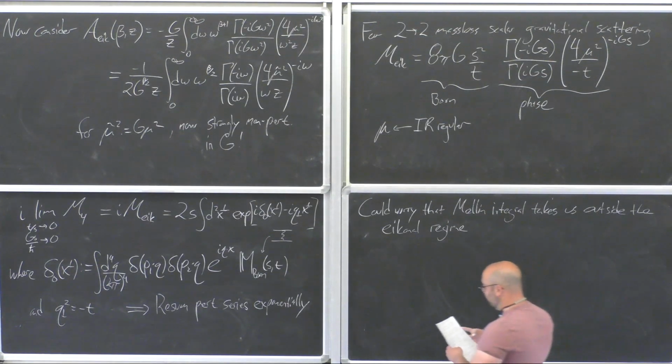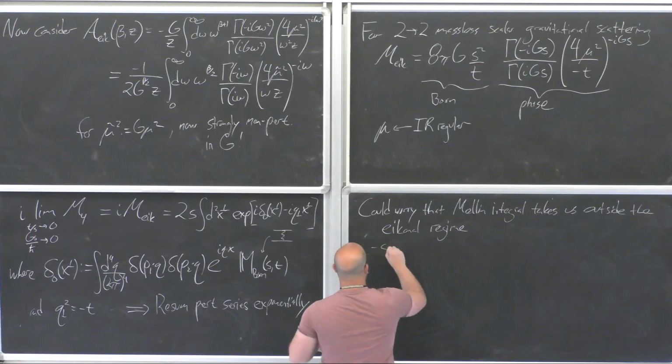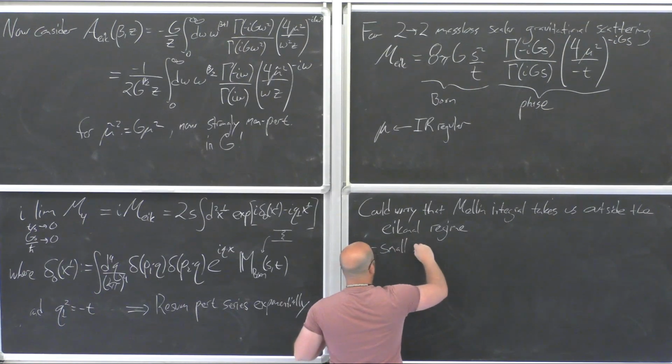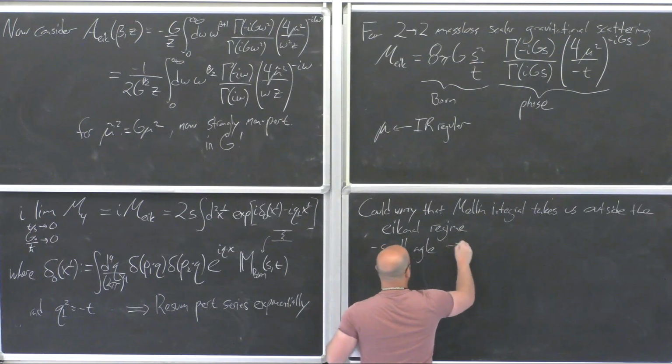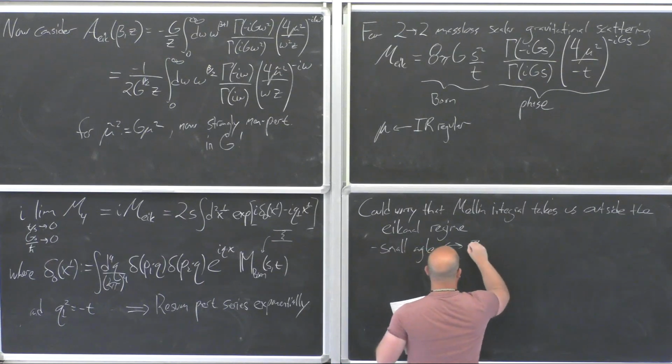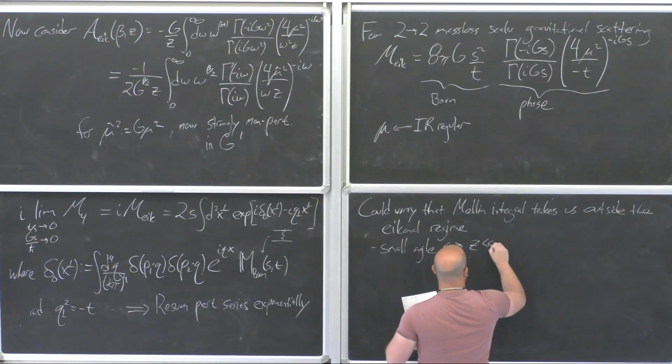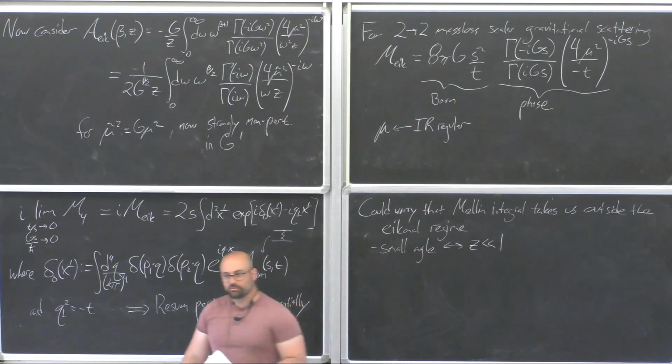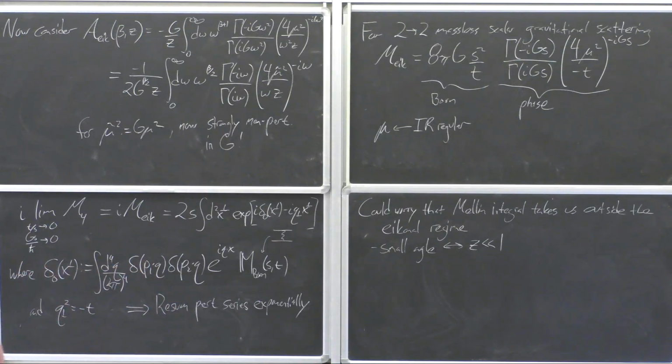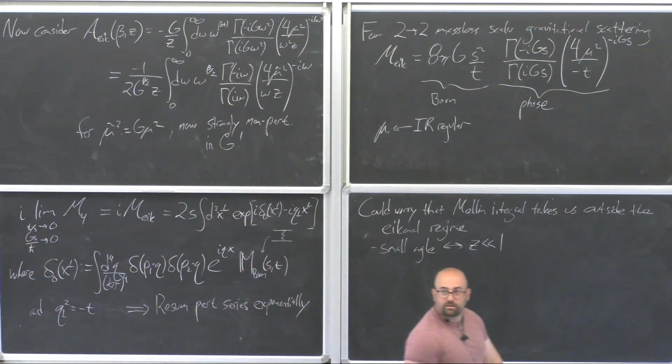But in point of fact, the small angle constraint, this just boils down to saying that the conformal cross ratio is very small, much smaller than 1. That's fine. The Mellin integral doesn't touch the conformal cross ratio. So we can just say that z is very small here. Doesn't matter. Okay?